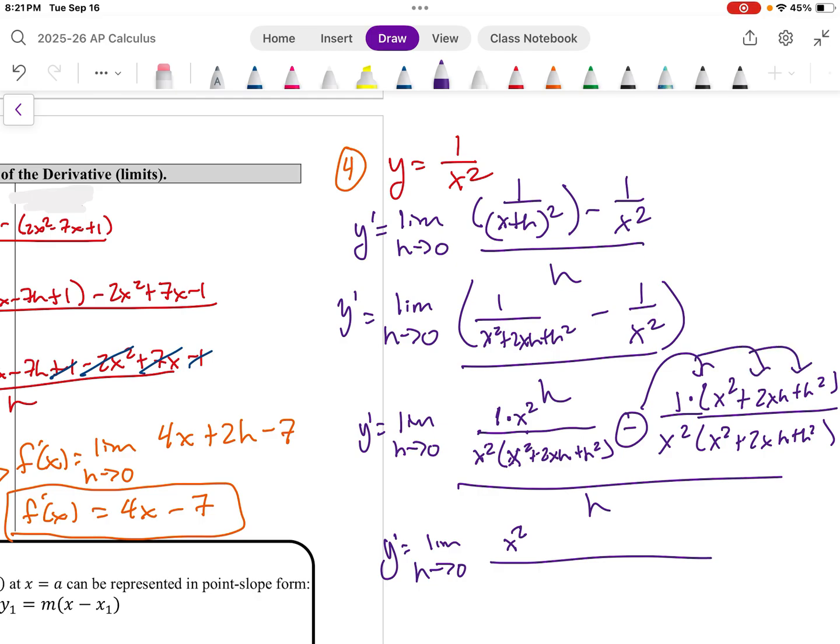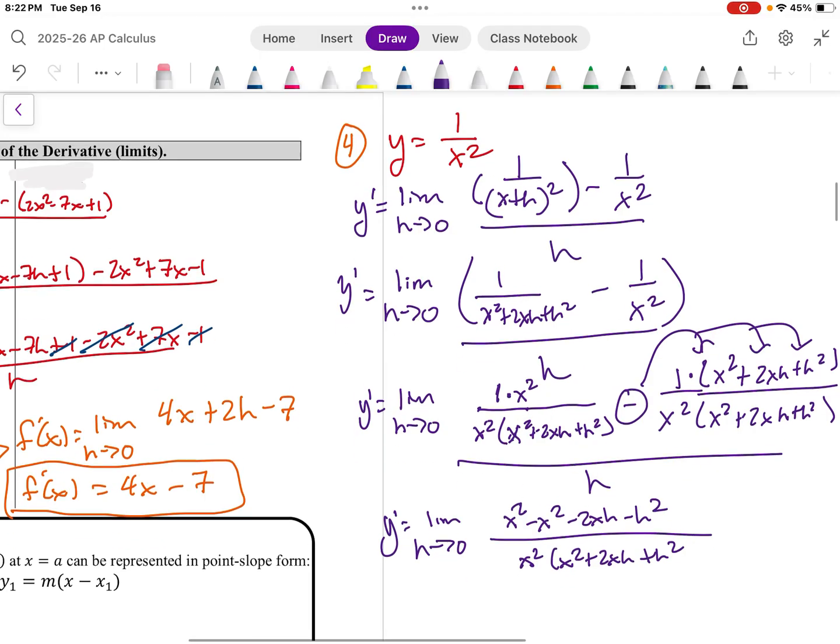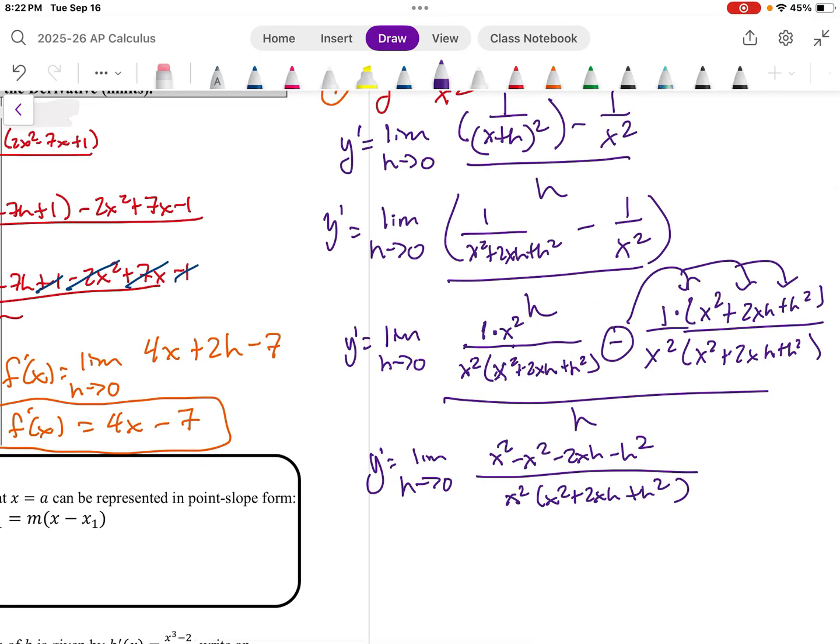So that would be a negative x squared minus 2xh minus h squared all over x squared times x squared plus 2xh plus h squared. So let's do some simplifying. On top, I can cross out the x squareds, and that's about it. So y prime is equal. That's all over h. Almost forgot that guy.